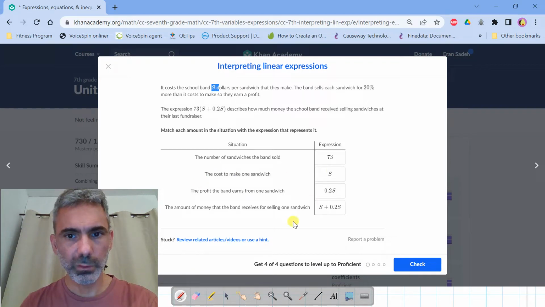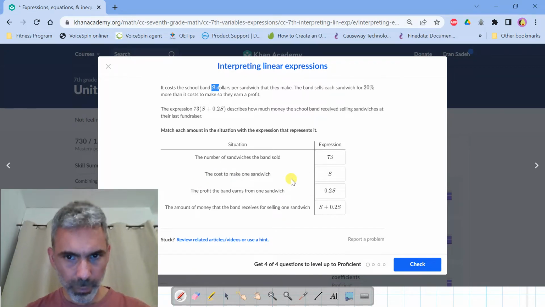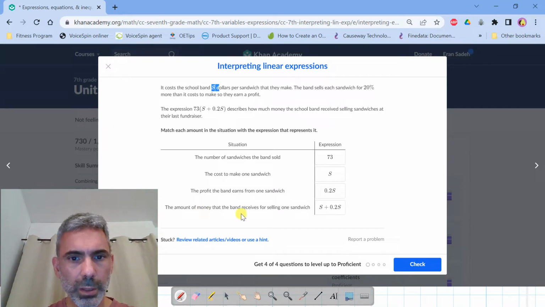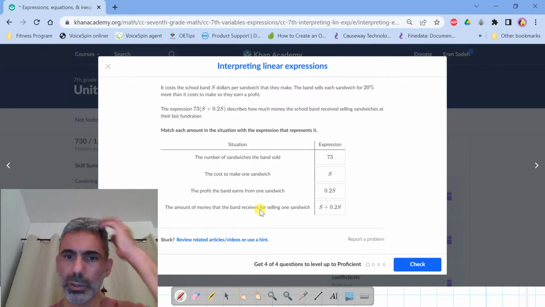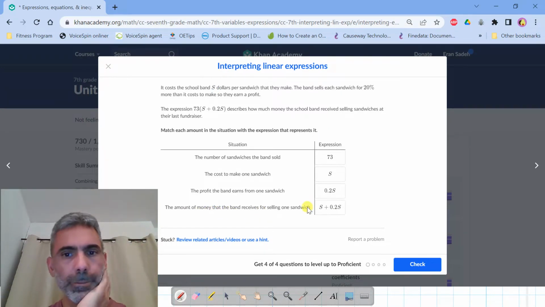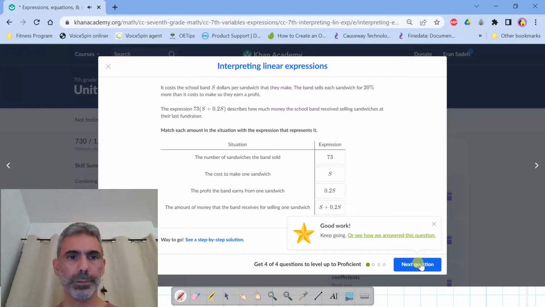So the cost to make one sandwich is S. And the amount of money that the band receives for selling one sandwich is S plus 0.2 times S. Yeah, because they sell it with 20% profit, and S is the initial cost, and 0.2 times S is the profit, so the cost plus profit is the amount they receive for one sandwich. Okay, good.